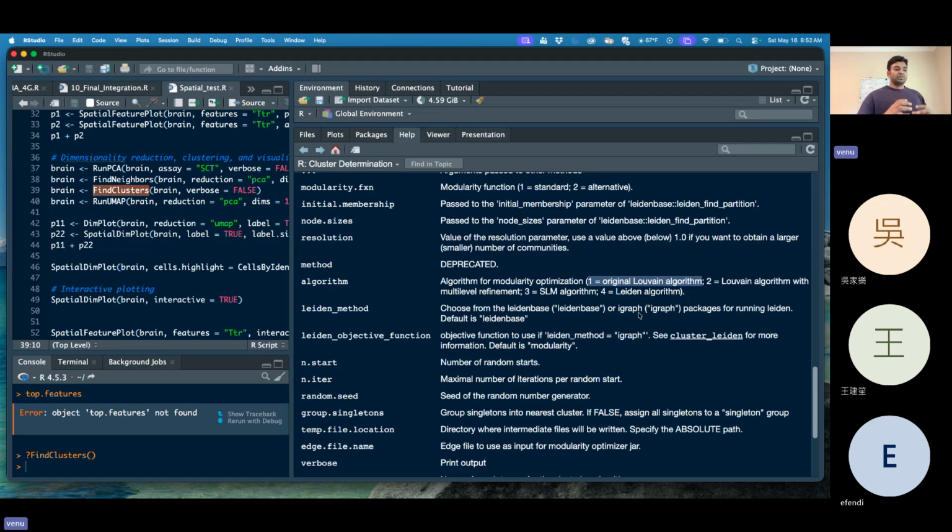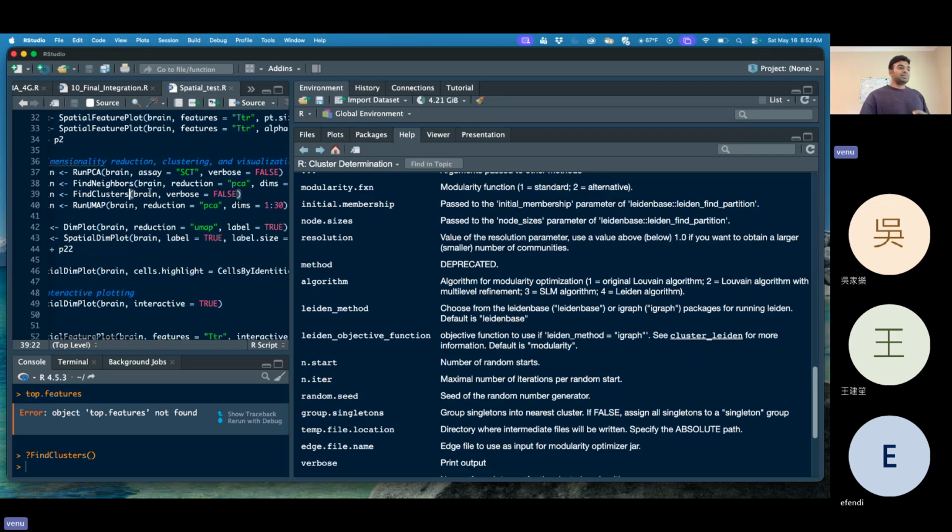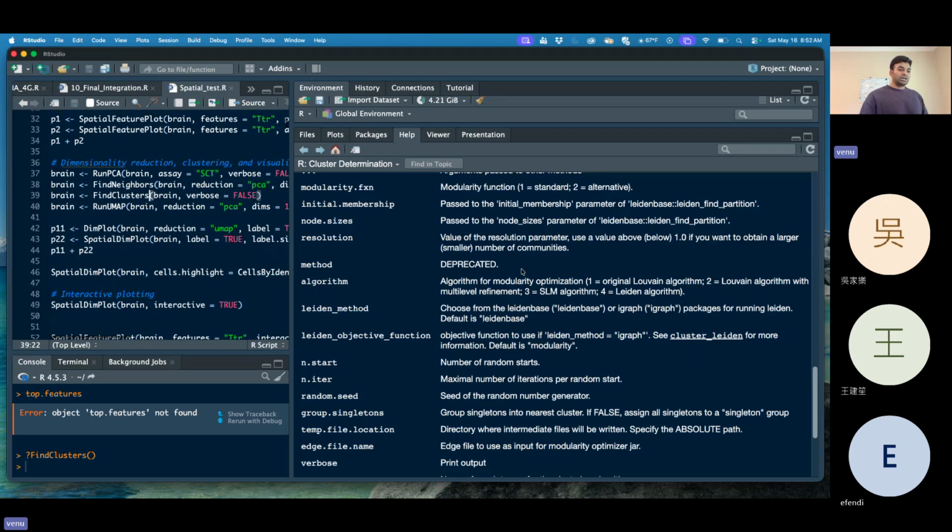They already have inbuilt algorithms within find clusters. Most people, if we don't mention it, will use the first one, the original Louvain algorithm. If we want another, we need to specify what kind of algorithm we are using to find the clusters. This is a similar methodology to single cell RNA sequencing.